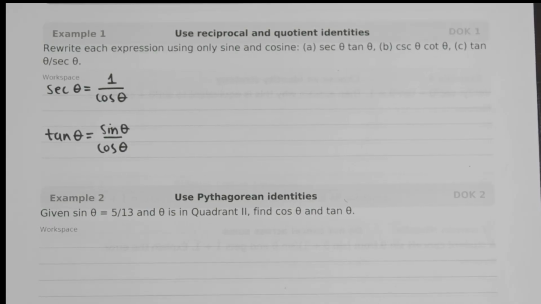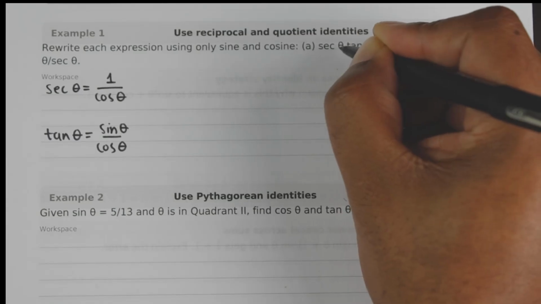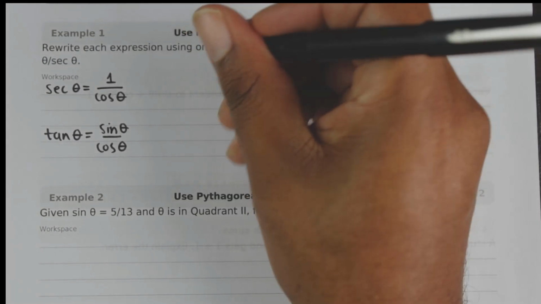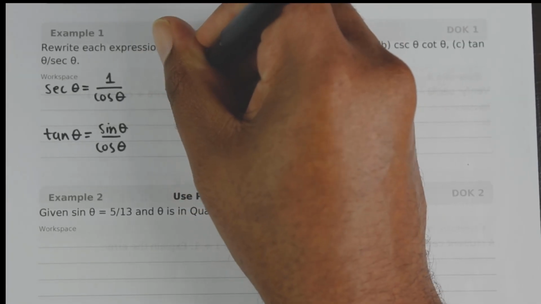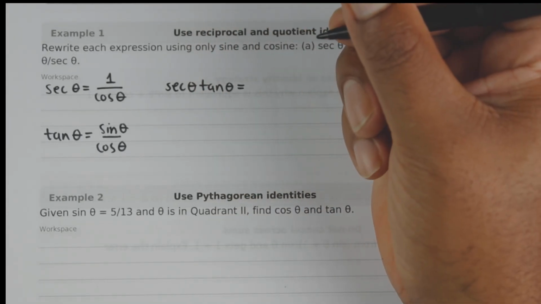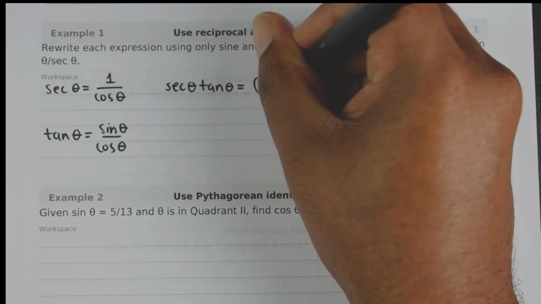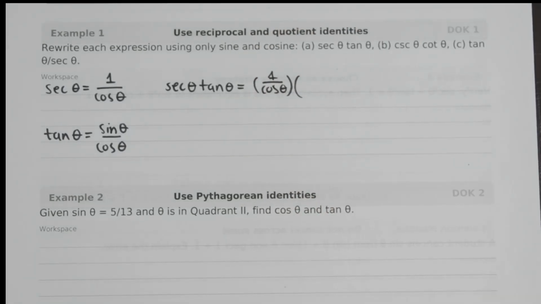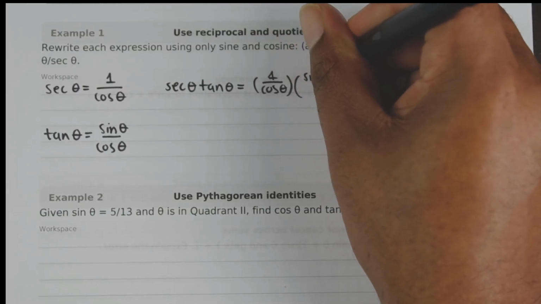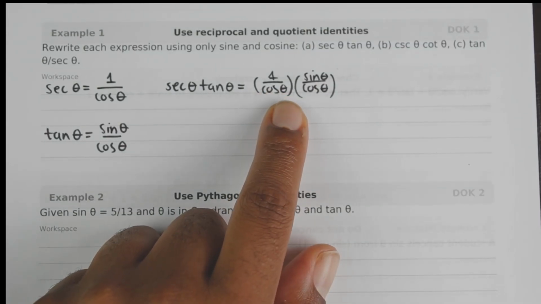Now we need to substitute. Secant theta times tan theta, which is what A is, would be 1 over cosine theta times sine theta over cosine theta, and we would be multiplying that.